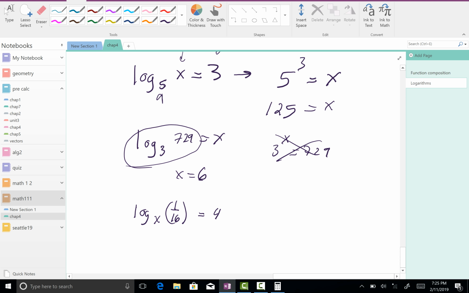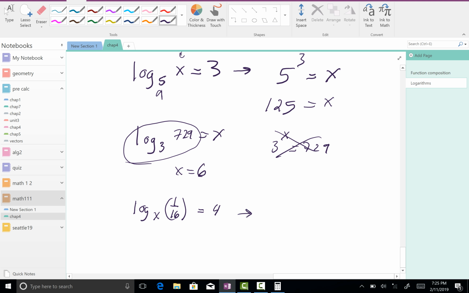All right, so using the definition of a logarithm, actually maybe this should be 2. Oh, that's okay. All right. So, what is our base going to be? So, x to the 4th is going to be equal to 1/16.